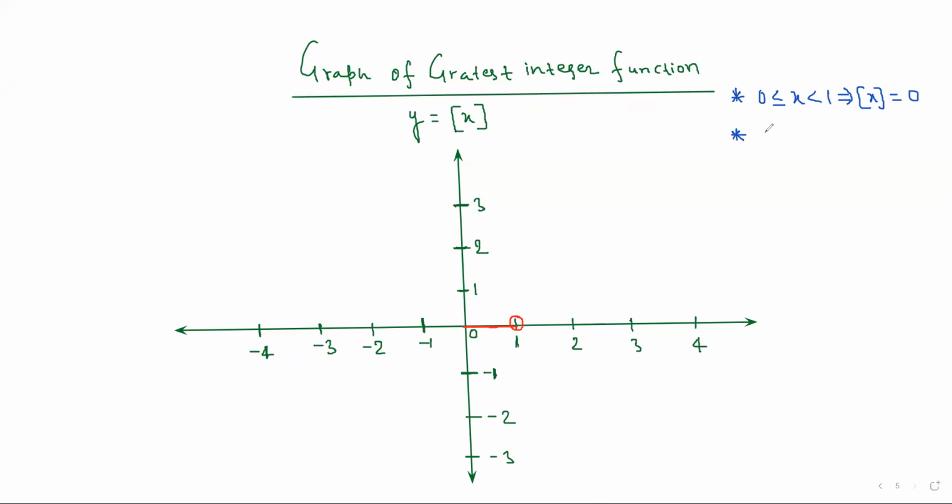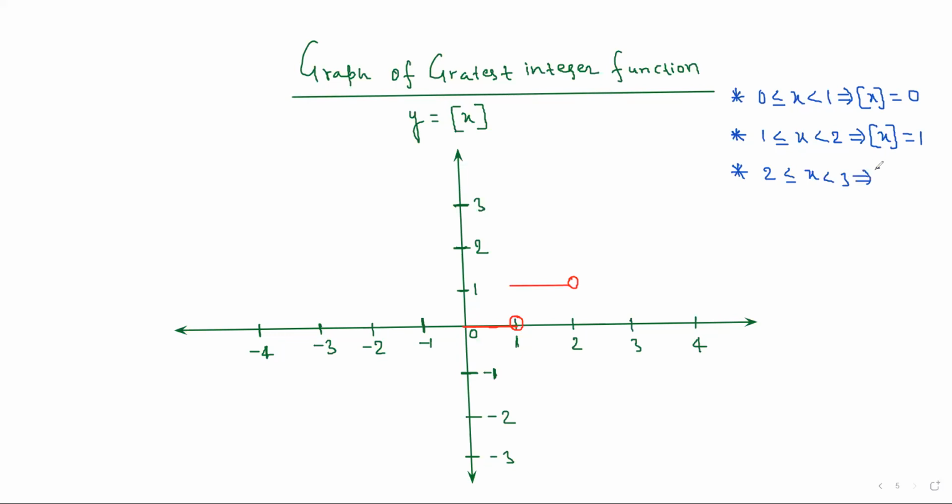Suppose x lies between 1 to 2. So the greatest integer function of x is equal to 1. This is your graph. Suppose x lies between 2 to 3.